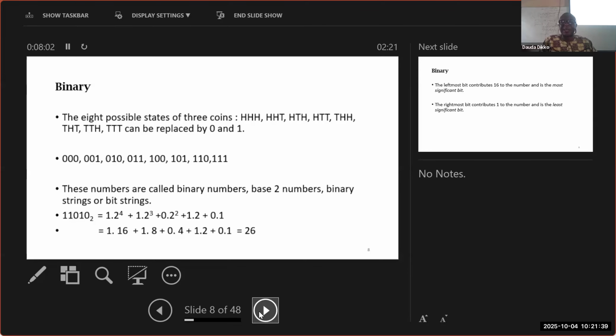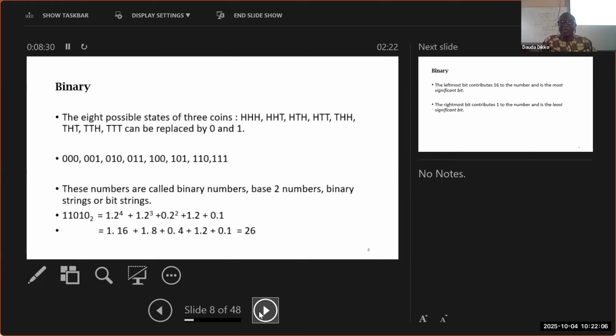So for the 3 coins, instead of stating head and tail, we can represent it by 0 and 1, and that 0 and 1 is what is called the bit. The first possible state, HHH, will now be 000. Then the second one, HHT, will now be 001, up to TTT, which is 111.